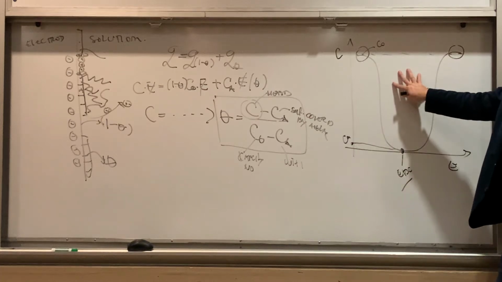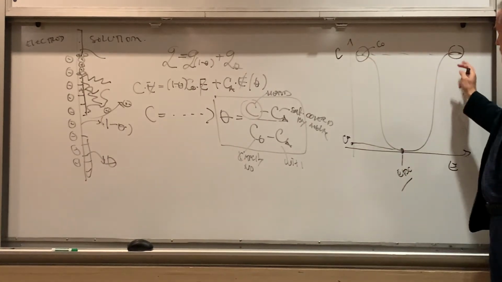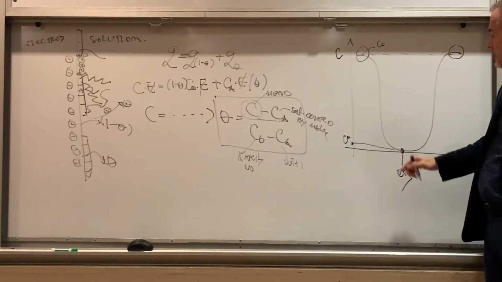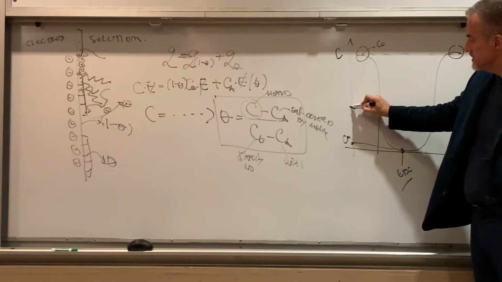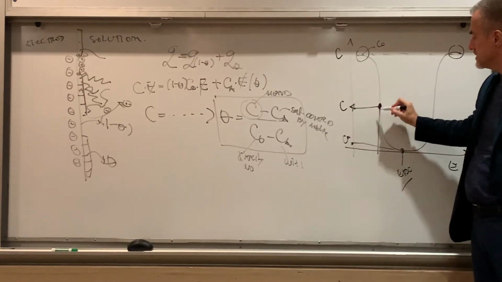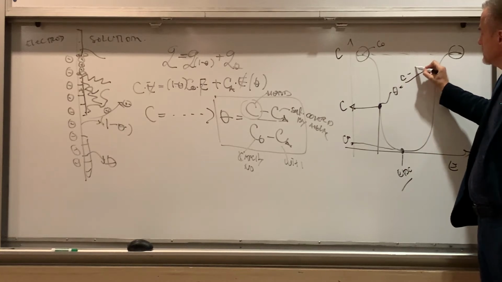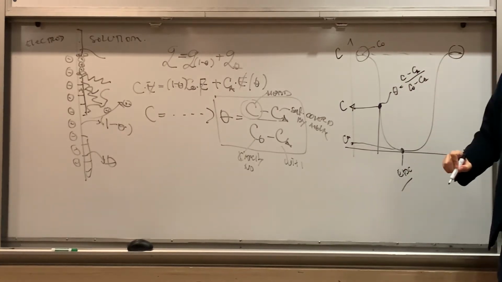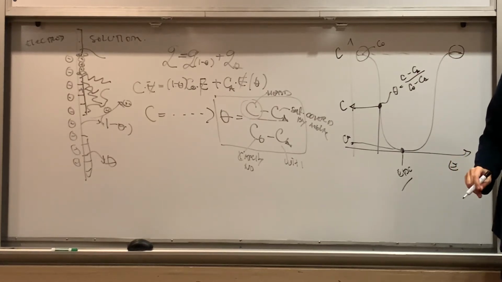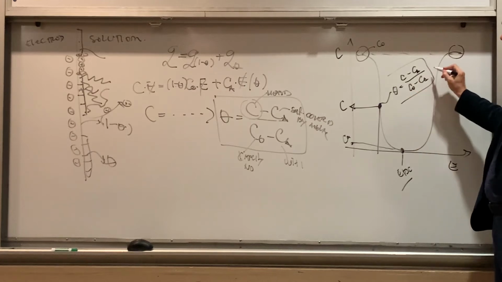Knowing this value and this value, if I'm at this potential and measuring this, I can say that theta here is equal to C minus C additive over C naught minus C additive, okay? It's called the Frumkin formalism or Frumkin expression.